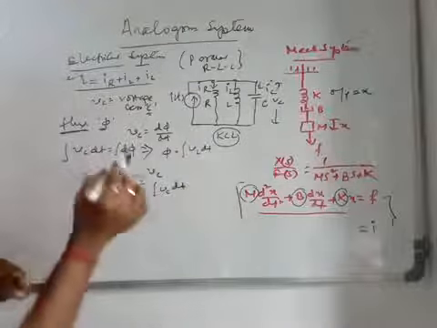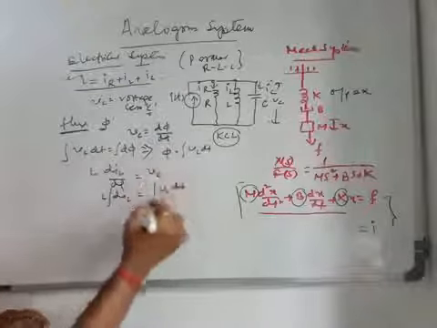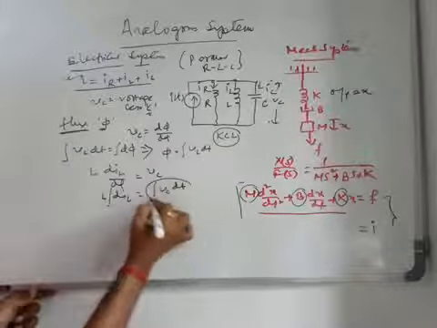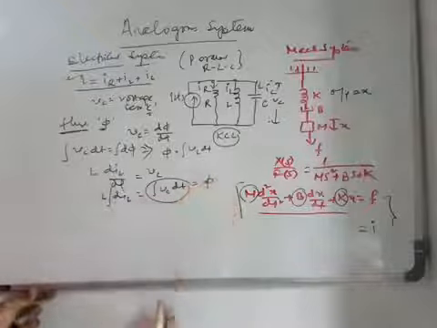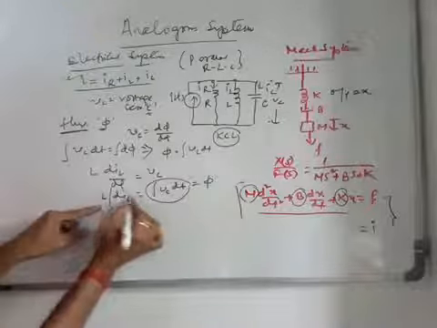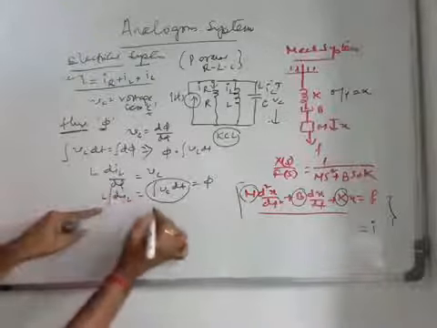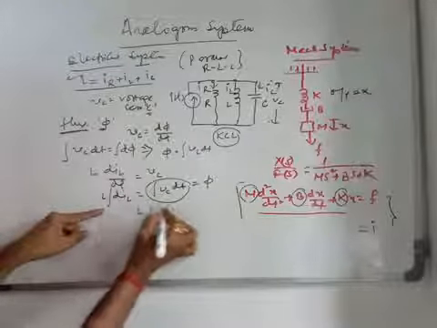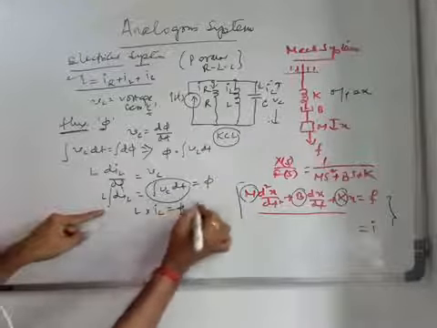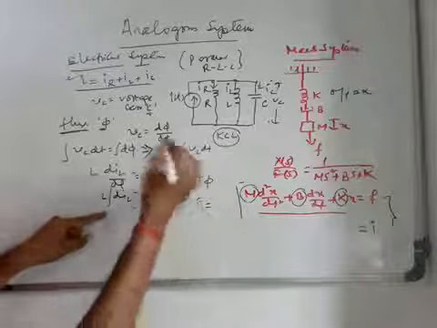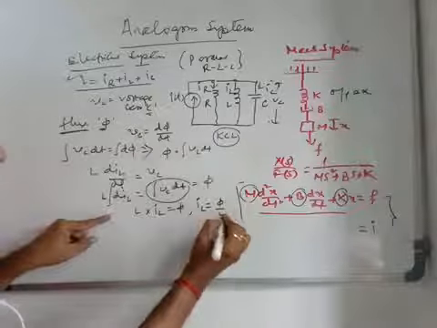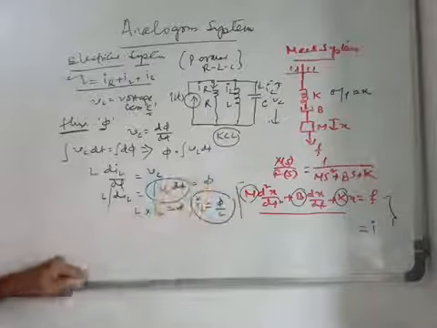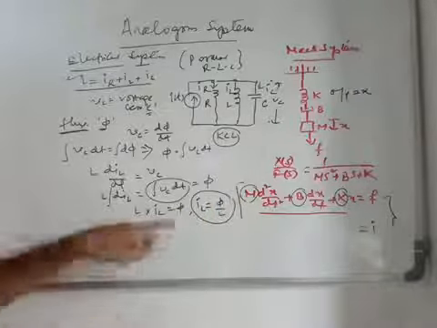And VC dt is equal to phi, which is the flux. So L times the integration of dIL means IL. So IL into L is equal to phi. Here you will get the current through the inductor as phi by L. That is one expression we will require here.